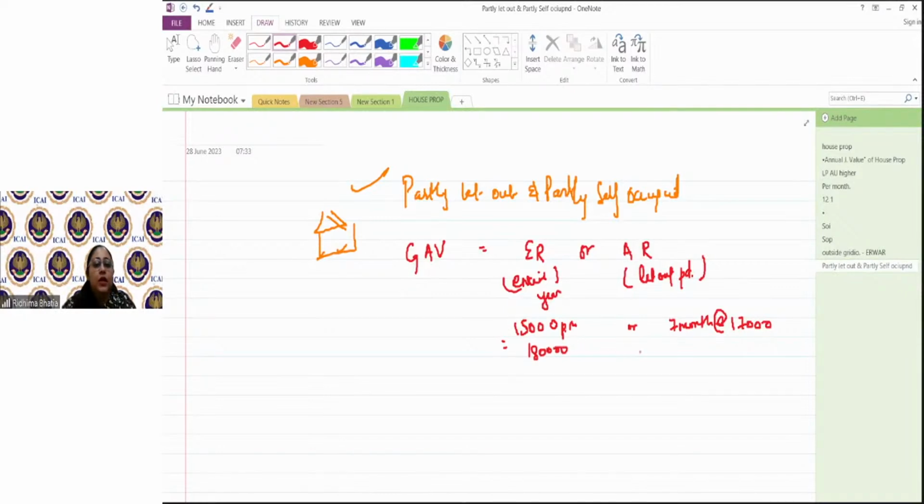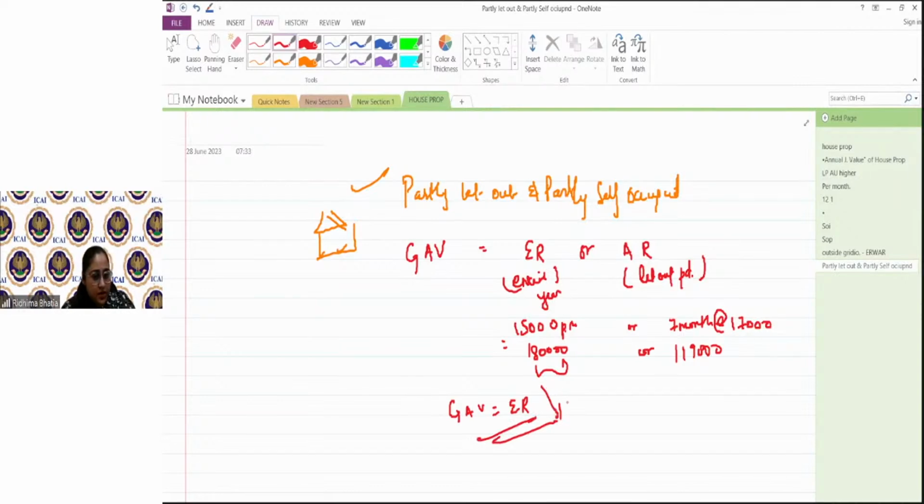1,80,000, and actual rent you will only take for the let out period, 1,19,000, and in most of the scenarios, expected rent would be your gross annual value.